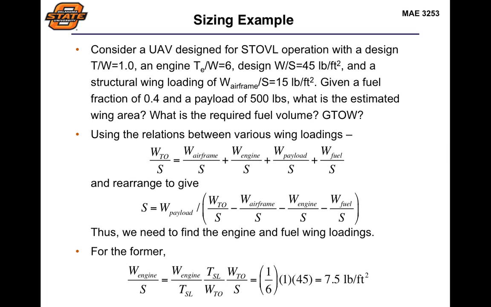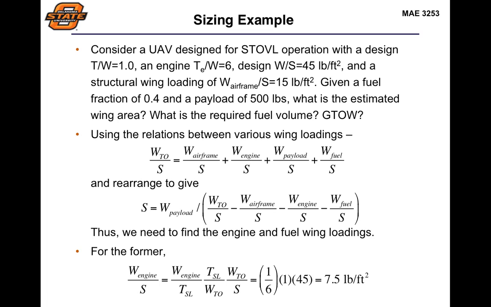Now first for the engine, since we're given things such as the engine thrust to weight ratio, we can use some simple algebra where all we're doing for that engine wing loading is multiplying our weights. So we have a ratio of 1. So here's our engine wing loading right here, multiplying that by takeoff weight over takeoff weight, and our thrust over thrust.